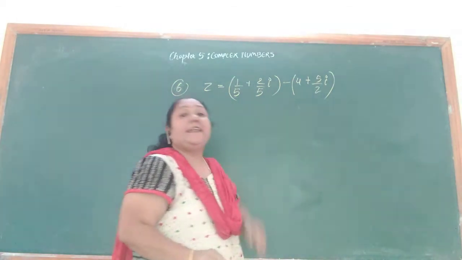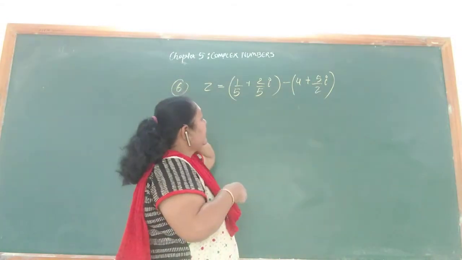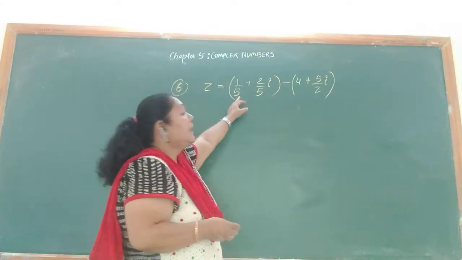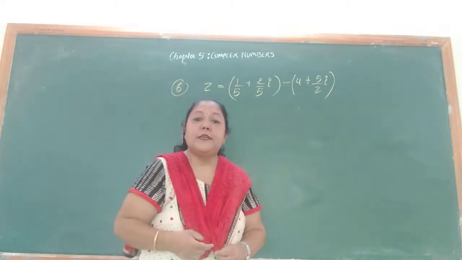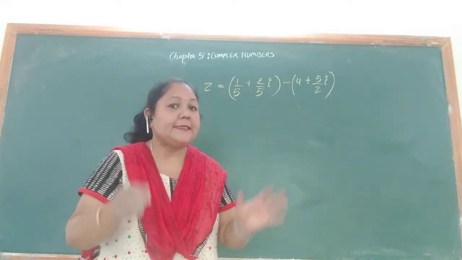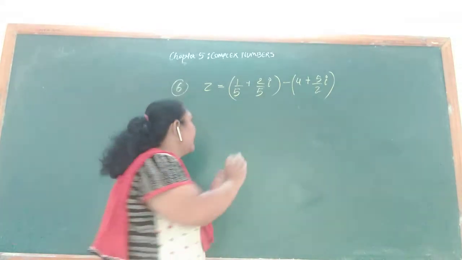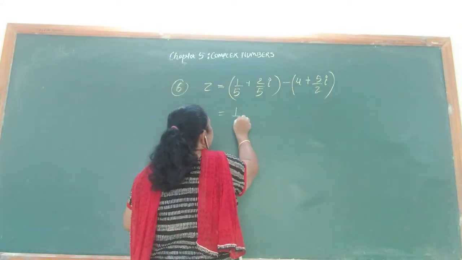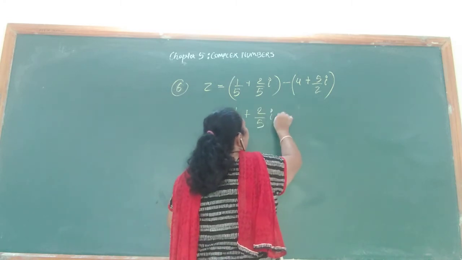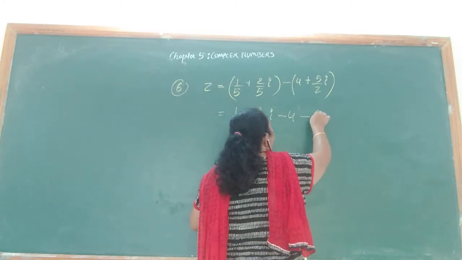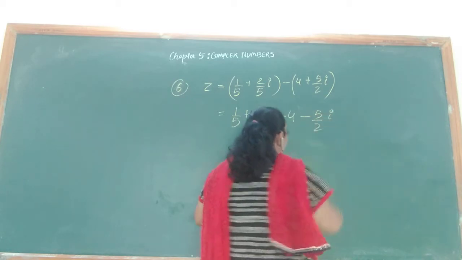Now, let us see the next question. The next question which I am having here is, I have two brackets. First, what I need to do is open the two brackets and simplify how much I can. So, I have it as 1 upon 5 plus 2 upon 5 into I minus 4 and minus 5 upon 2I.